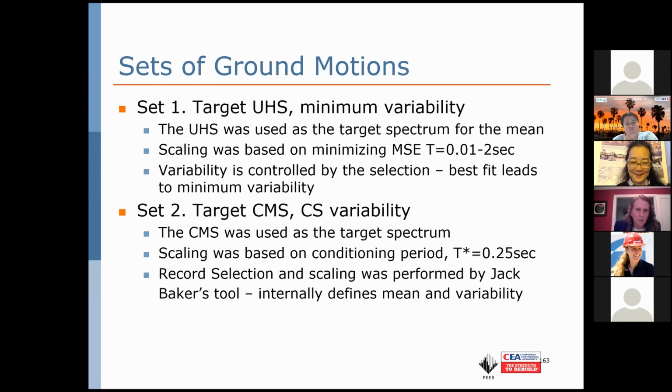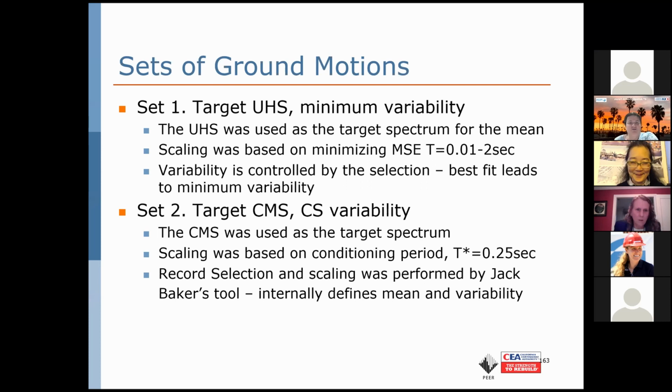Once we had decided on the sites and we'd gotten the hazard data, we moved forward in choosing a target for the ground motion suites. So we developed 2 suites of ground motions. Of course, each suite consisted of about 200 motions, depending on the different 10 sites and all the site conditions.